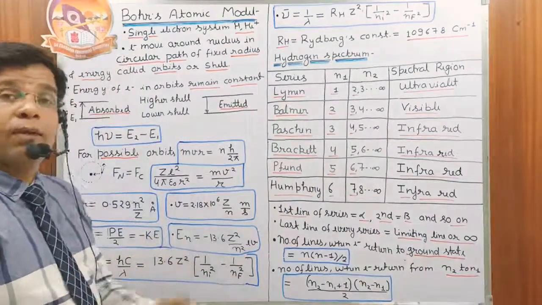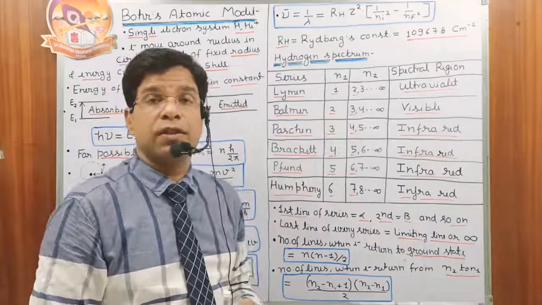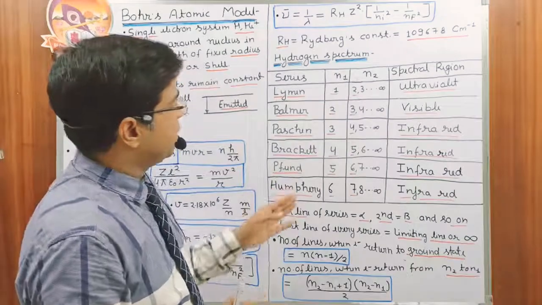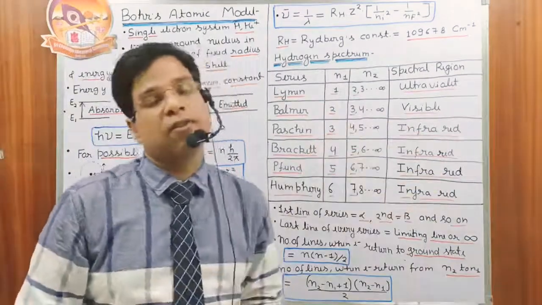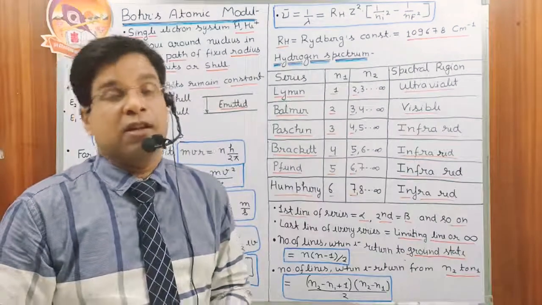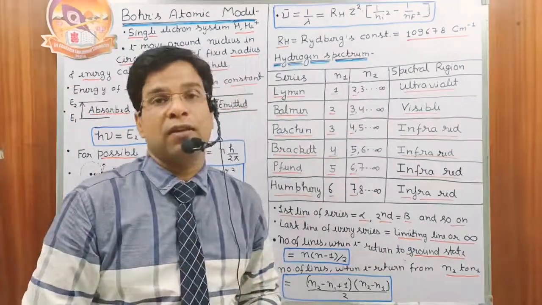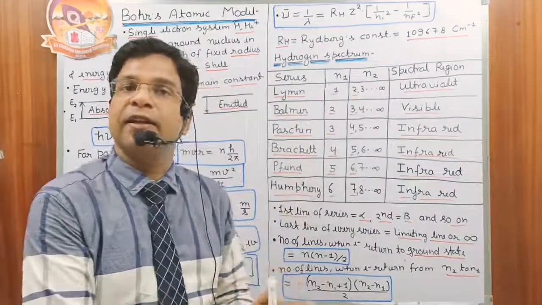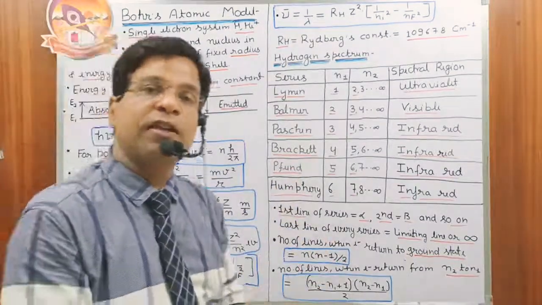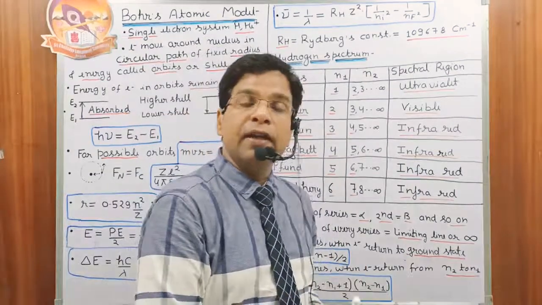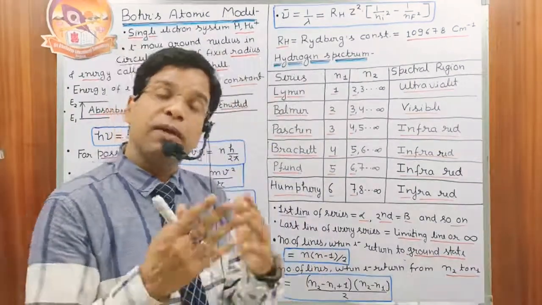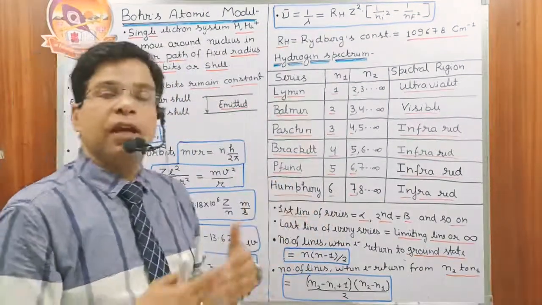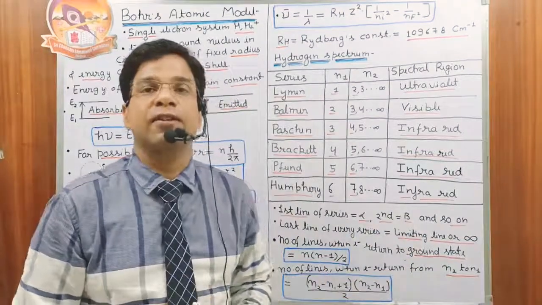When an electron comes to the third shell from any higher shell, that is the Paschen series, and it is present in the infrared range. If an electron comes to the fourth shell from any higher shell, that series is called the Brackett series, and the energy is again in the infrared range. When an electron comes to the fifth shell, that series is called the Pfund series, and the energy is again in the infrared range.